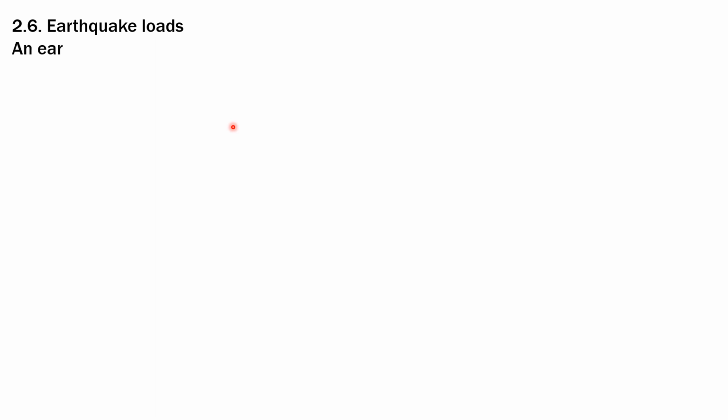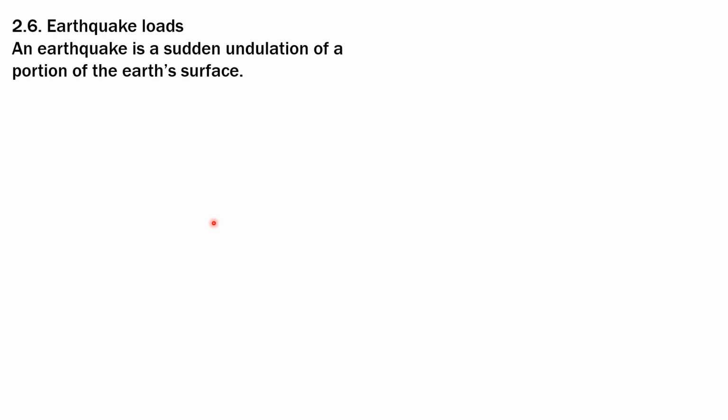Then earthquake loads. An earthquake is a sudden undulation of a portion of the Earth's surface. Only the horizontal or lateral component of ground motion is considered as part of the building. So if this is the building, then we have here the lateral loads corresponding to the earthquake loads.